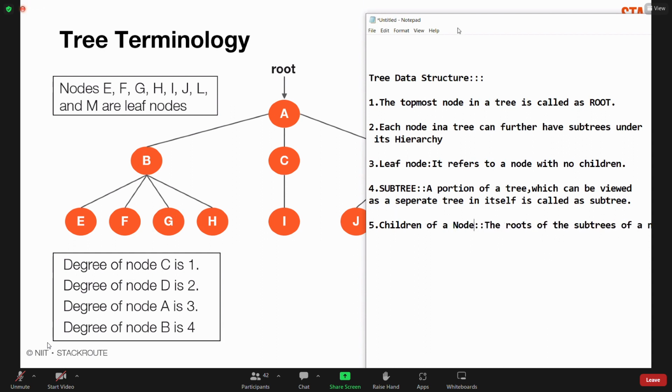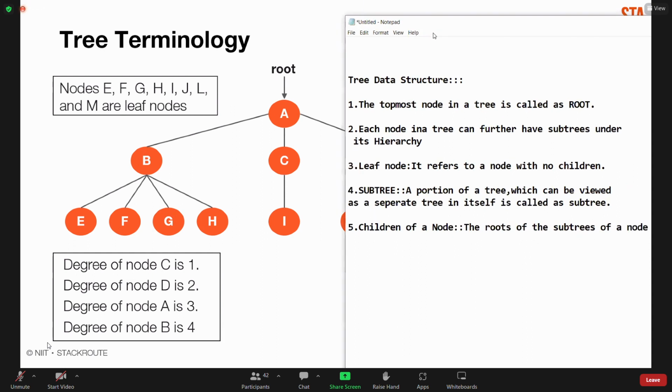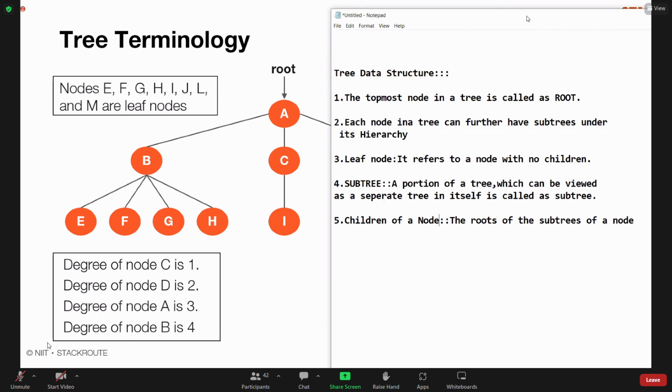If you take node A, A is a root node having B, C, D. So B, C, D are considered as subtrees of A, which are considered as children of A. So I is a child of C.